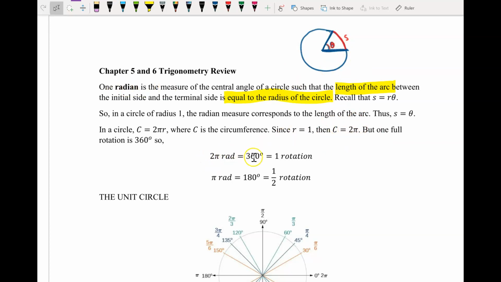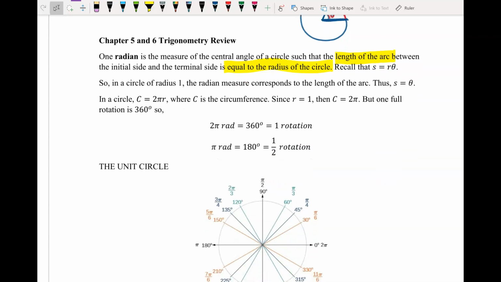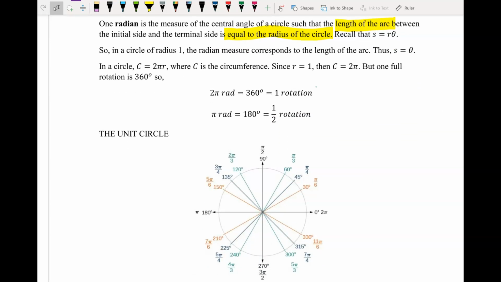So 2 pi is equal to 360 degrees, which is also equal to 1 rotation, or you can call it 1 revolution. If we divide everything here by 2, you'll see that pi radians is equal to 180 degrees, which is also equal to half of a rotation. This is something that you should know how to do, and it's very easy to remember, because you've done it maybe a lot of different times.